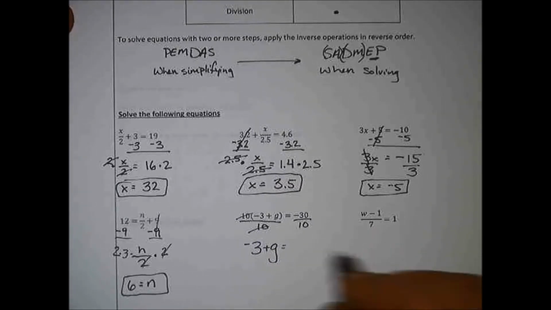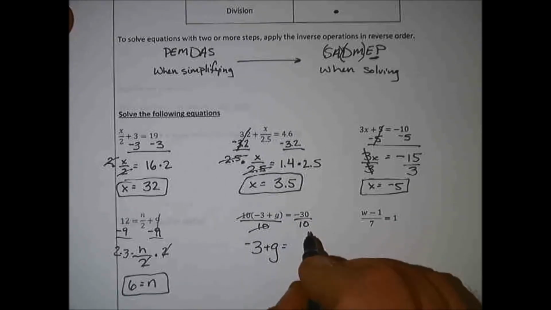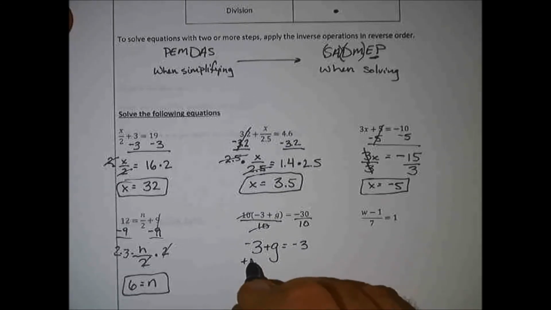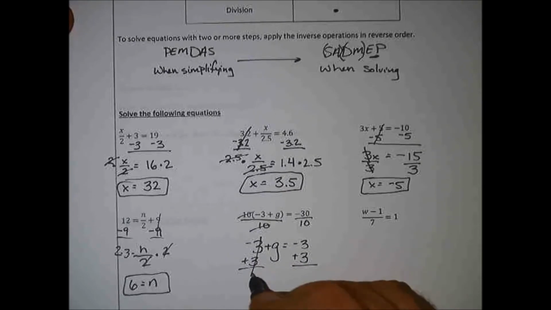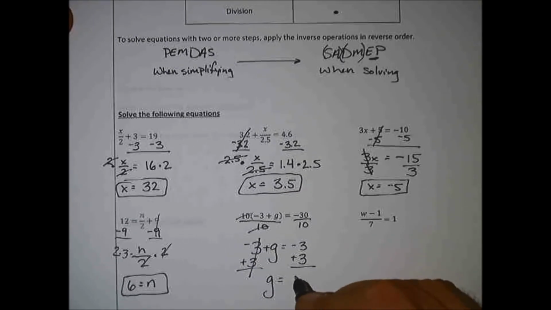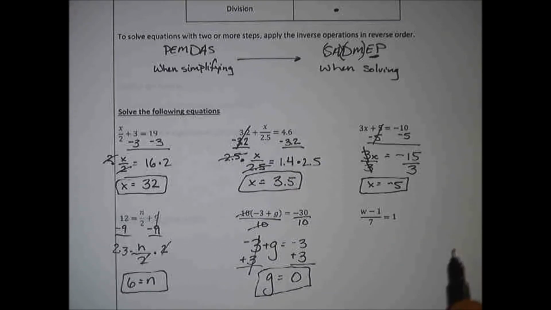There's no reason to because nothing is happening to that negative 3 plus g. Negative 30 divided by 10 is negative 3. I'll add 3 to both sides. Those will cancel out. I will have g equals negative 3 plus 3 is 0. It's okay to have your answer be 0. Okay, it's just as common as anything else.